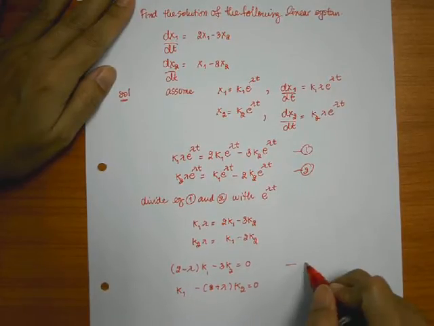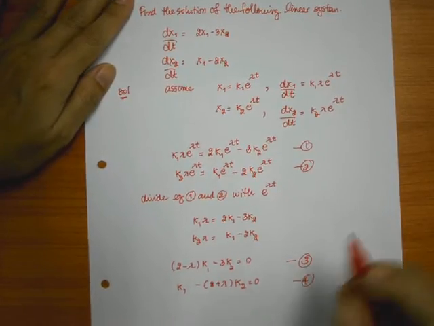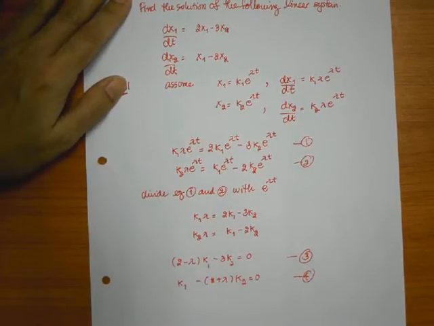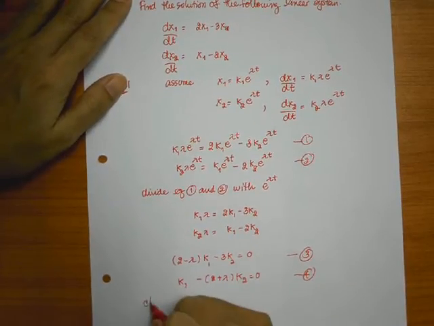This is equation 3 and equation 4. So from this, we can write down our characteristic equation.